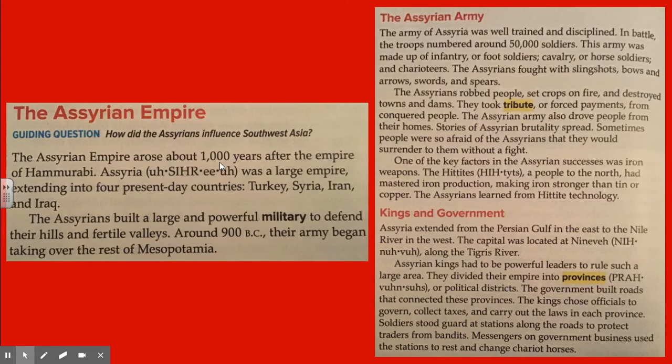If you did the math and you subtracted, be careful though, because it's BC, so you're kind of counting backwards or subtracting instead of really adding 1,000 years. But there's also this specific year of 900 BC that's mentioned. So again, anything with that is fine. 1,000 years after Hammurabi, or if you actually did the math, or if you put 900 BC, that all is fine with me.